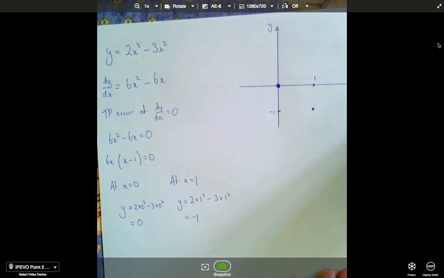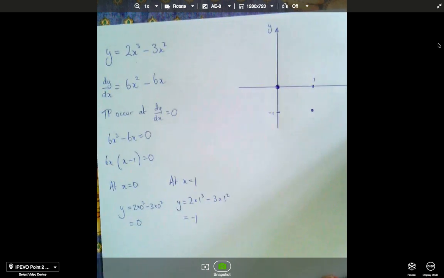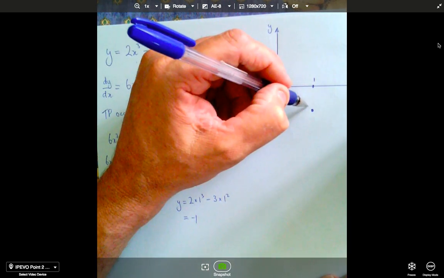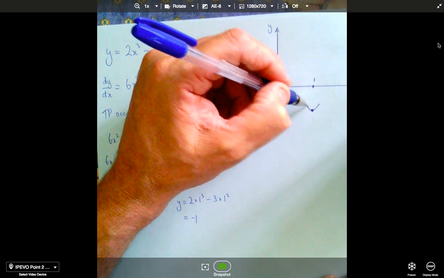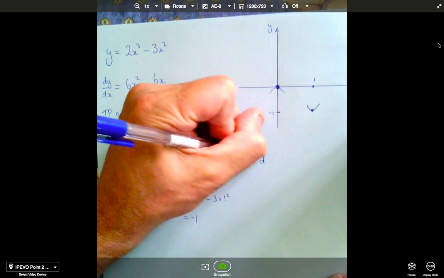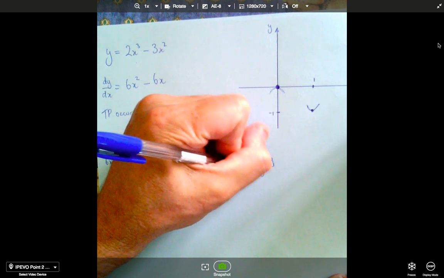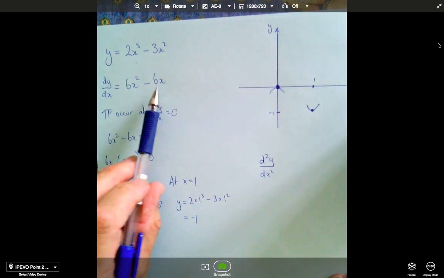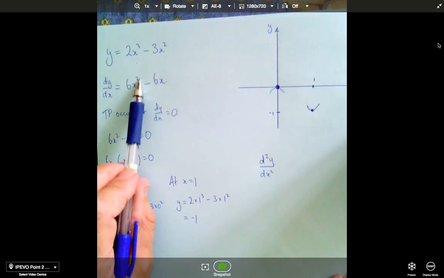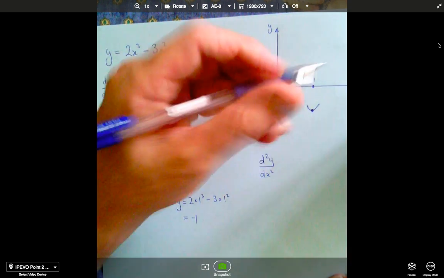Okay. Now, the other thing that would be really nice is we could probably guess that this is going to be a maximum here, and this is going to be a minimum. But it'd be nice if we didn't just guess, if we actually knew. So we're going to look at the second derivative, d2y/dx squared. Here's the first derivative, 6x squared minus 6x. So this is going to be 12x minus 6.